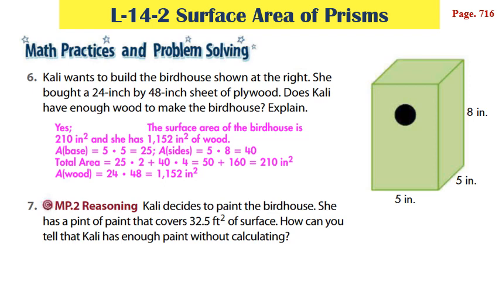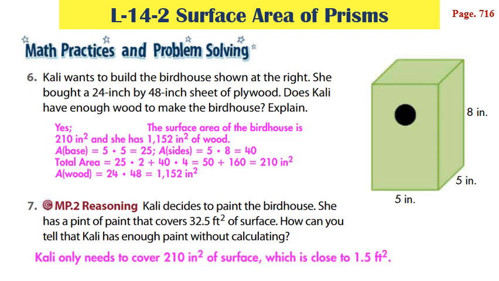Okay. Now, question number 7. Kali decides to paint the birdhouse. She has a pint of paint that covers 32.5 feet of surface. How can you tell that Kali has enough paint without calculating? Very good. Kali only needs to cover 210, which is close to 1.5 square feet.